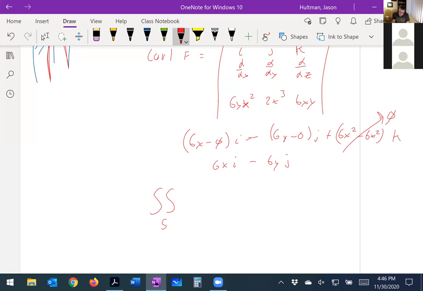The projection of S onto the xy plane is the disk x squared plus y squared less than or equal to 25.